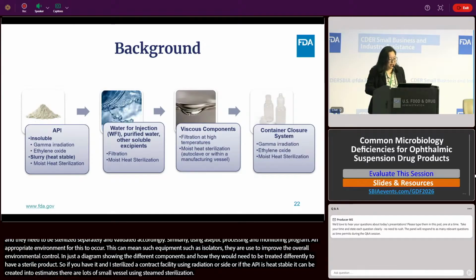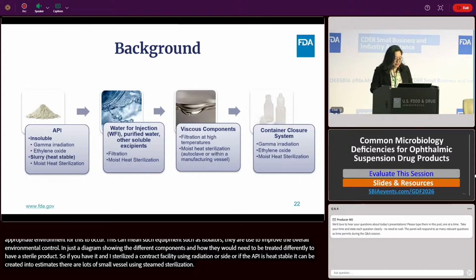Vehicles such as water for injection or purified water, or other insoluble or soluble excipients, can be sterilized by filtration and collected into a mixing vessel, which is then sterilized by moist heat sterilization.